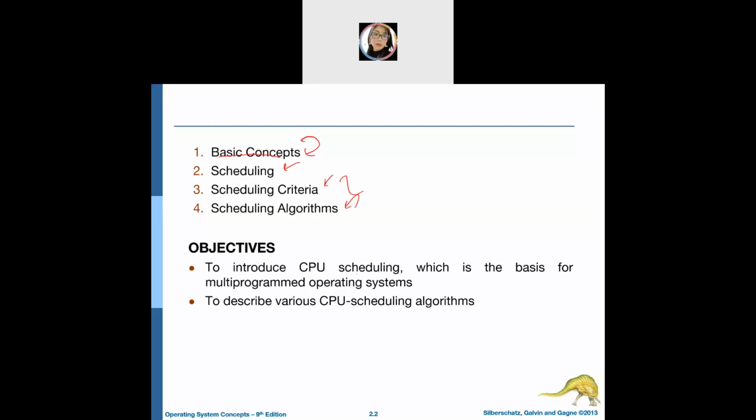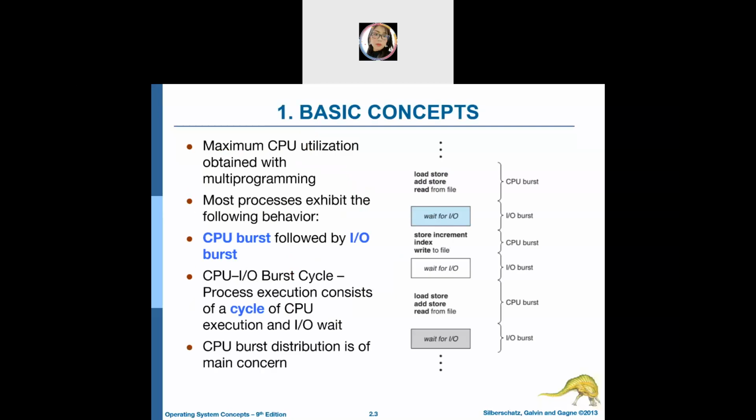So this is the objective of why we need to learn scheduling: for you to learn about CPU scheduling, which is the basis of a multi-program operating system, and to discuss various CPU scheduling algorithms. There are several things you need to know about the basic concept first. You have two bursts: the CPU burst and the input output burst cycle in your scheduling.